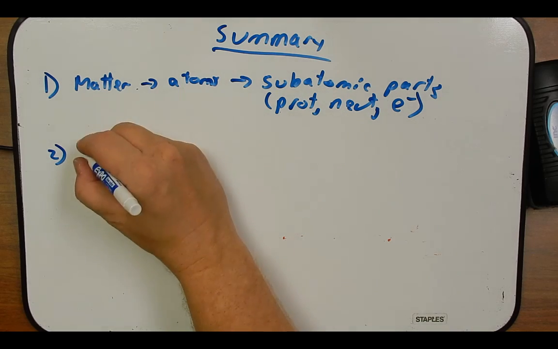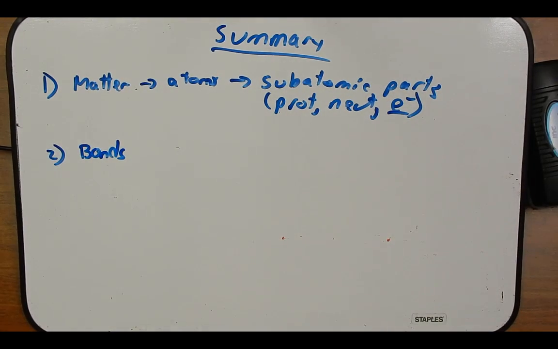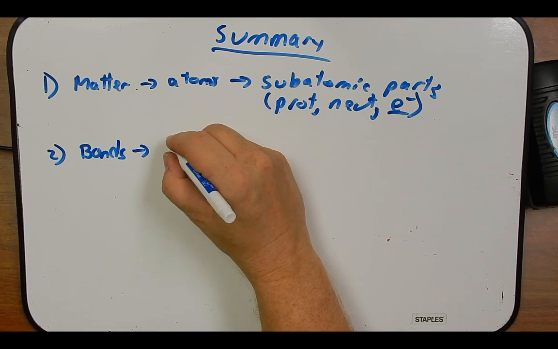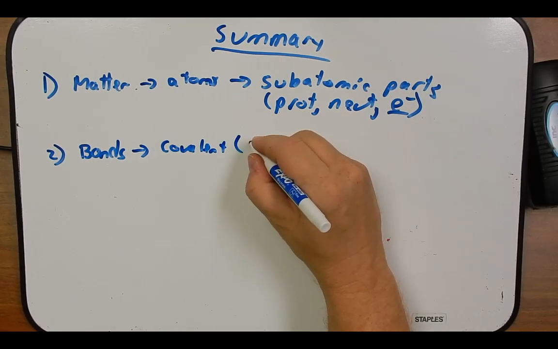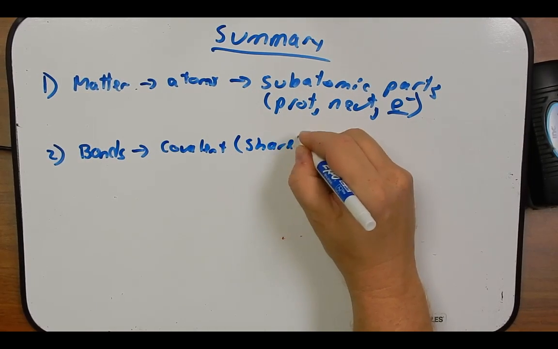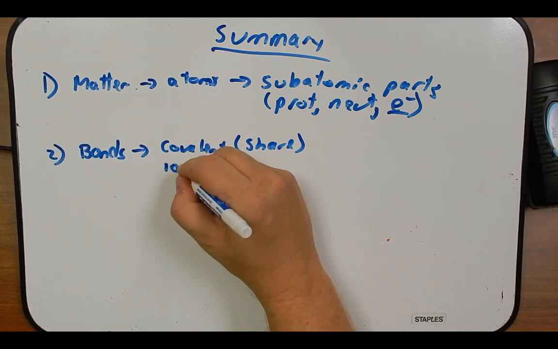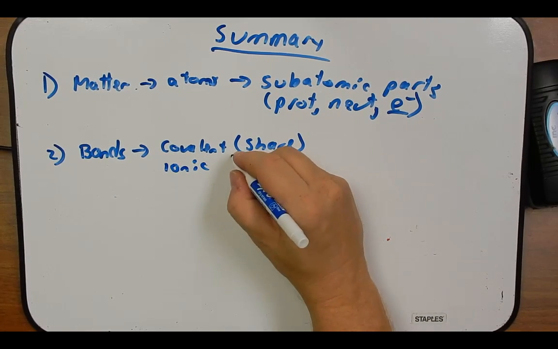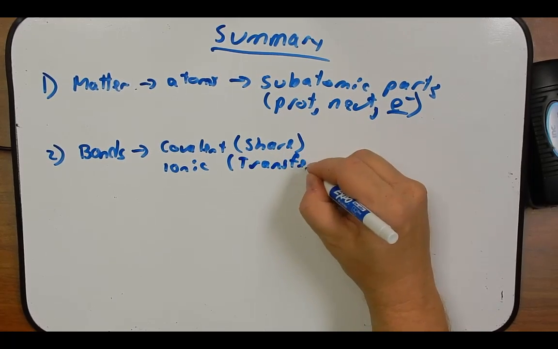We then talked about bonds and how these electrons are important in forming covalent bonds. And remember, with covalent bonds, the key word is that they share an electron. And then the ionic bonds were the next strongest, and they transfer an electron. That's a key difference between these two.